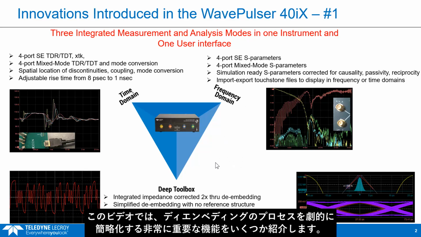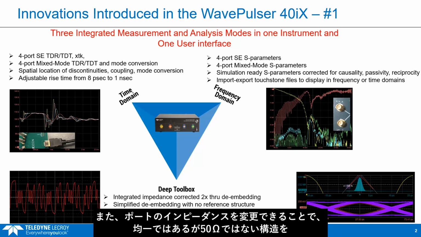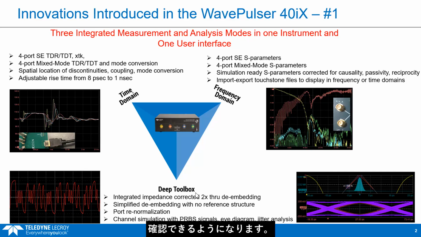In this brief video, I'm going to walk you through a couple of really important features that dramatically simplify the process of de-embedding and also being able to change the port impedance so that we can look at structures that are uniform but not 50 ohms.